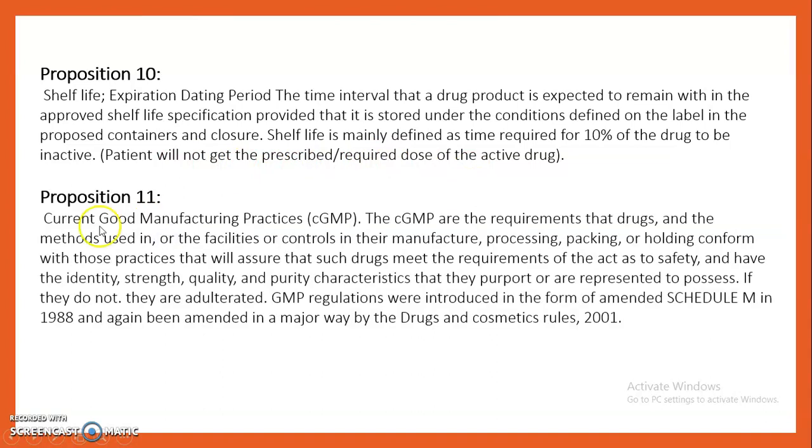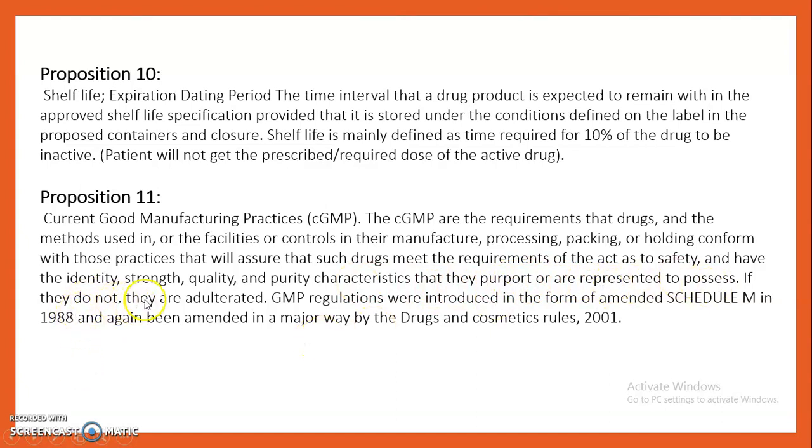Then proposition 11 is associated with current good manufacturing practices, that is CGMP. CGMP are requirements that drugs and the methods used in facilities or controls in the manufacturing process, packaging and holding conform with this practice, which assures that such drugs meet the requirements of the act as to safety and have the identity, strength, quality, purity and characteristics that they purport or represent to possess.